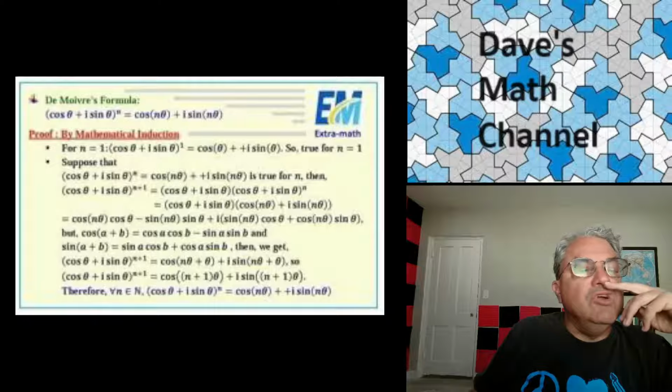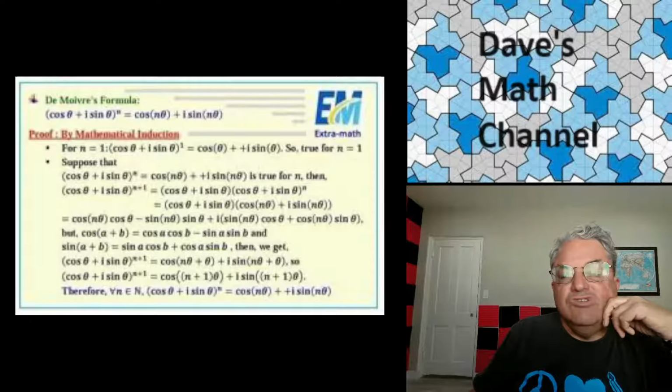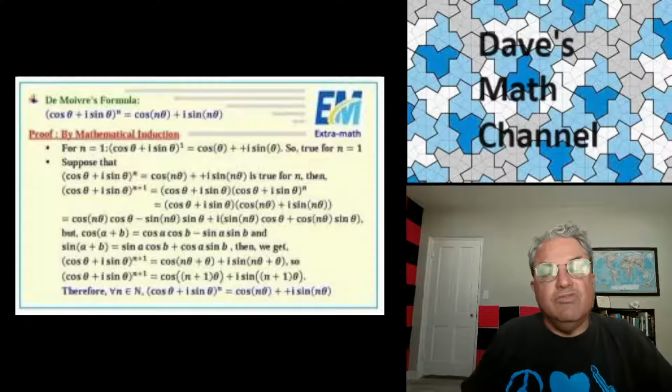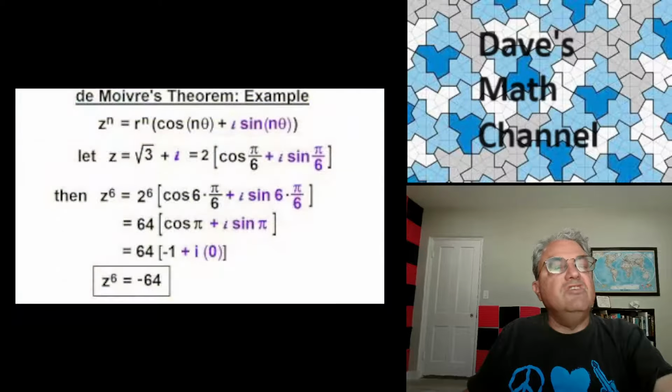When you do this, you find that you do, in fact, get the result you're looking for. You can prove using those identities that cosine theta plus i sine theta all to the power n plus 1 is cosine of n plus 1 theta plus i sine n plus 1 theta. So that is the proof by induction of de Moivre's formula. Pretty nice, and this is a very nice result.